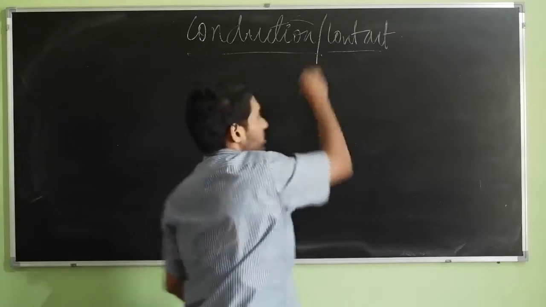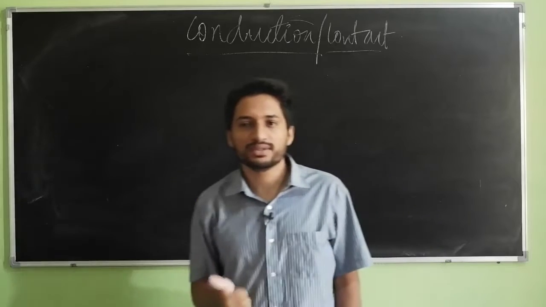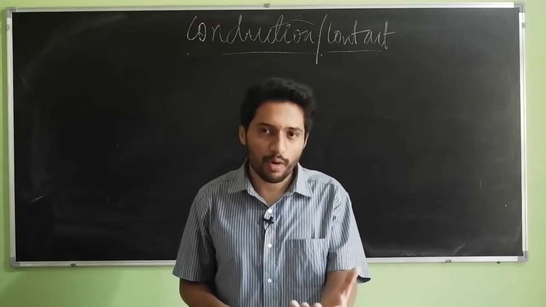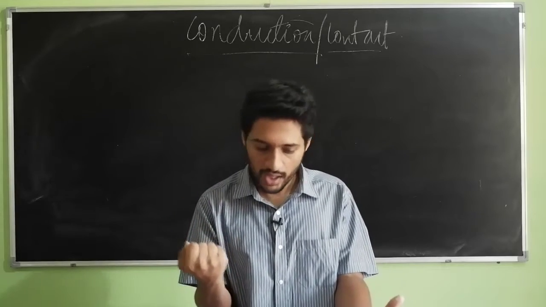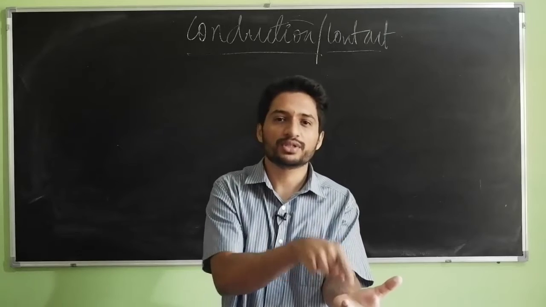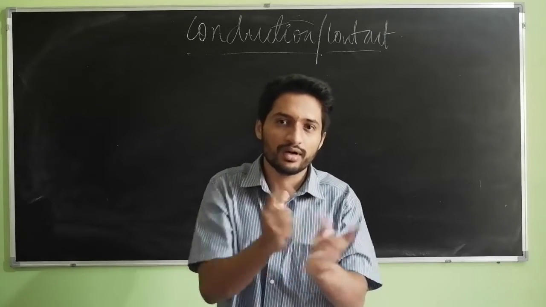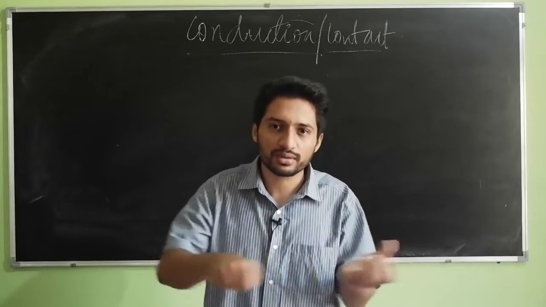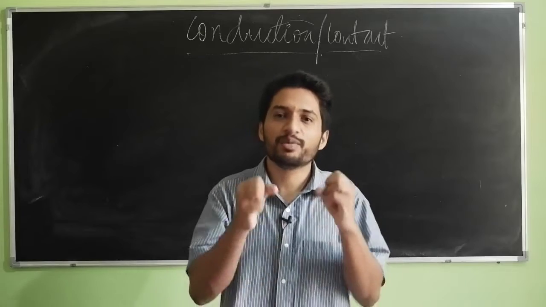So what happens in contact charging or conduction charging? If I have a charged object in my hand and I touch it to a neutral object, the neutral object becomes charged just by touching. Remember, in friction we are rubbing, but in this, just by touching the other object it becomes charged.